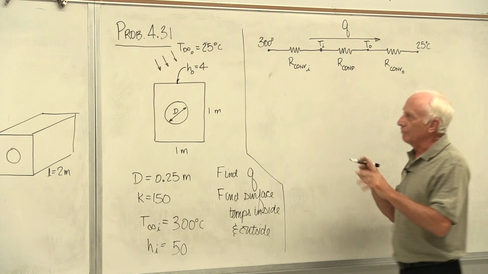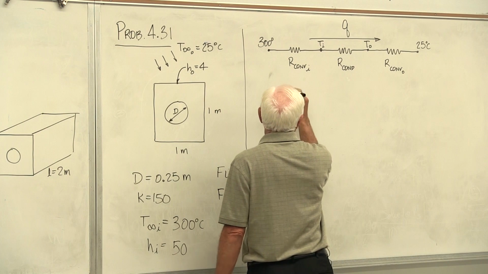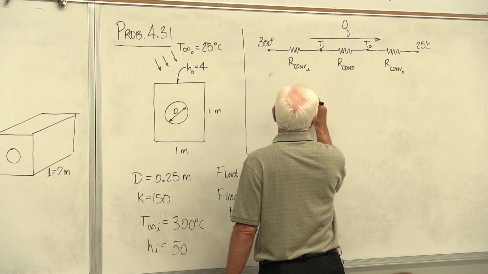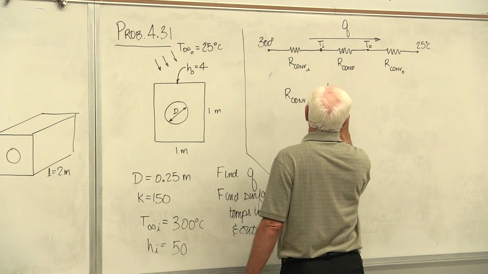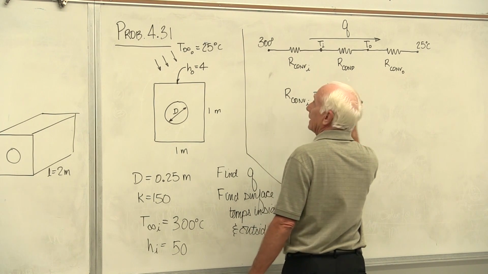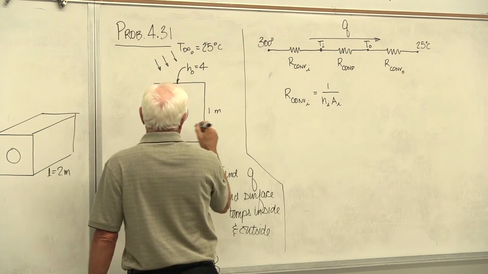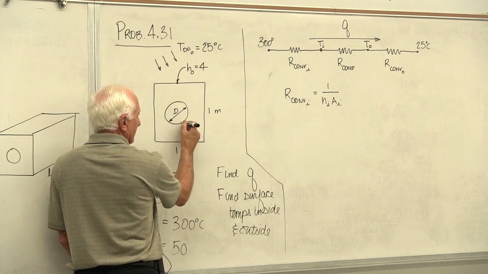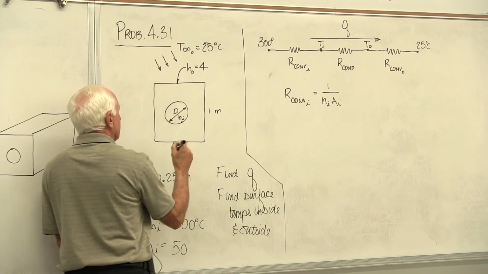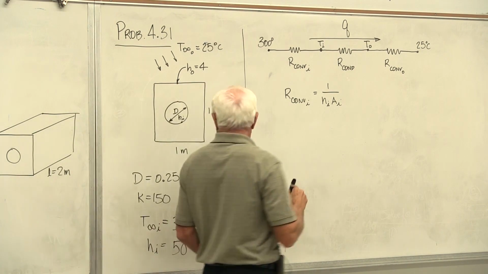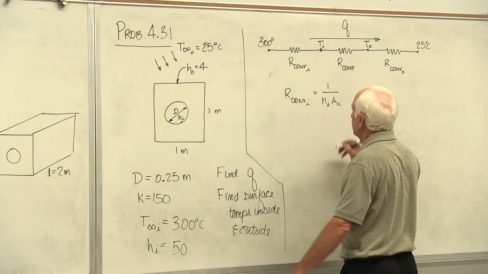Now do what they want. First of all, find the resistances. R convection on the inside: 1 over H inside, A inside. This right here is H inside. I know what it is. It's right there, 50.